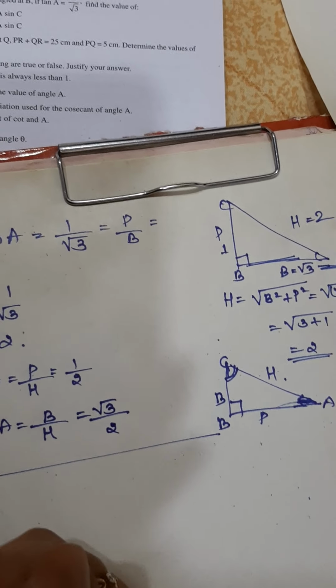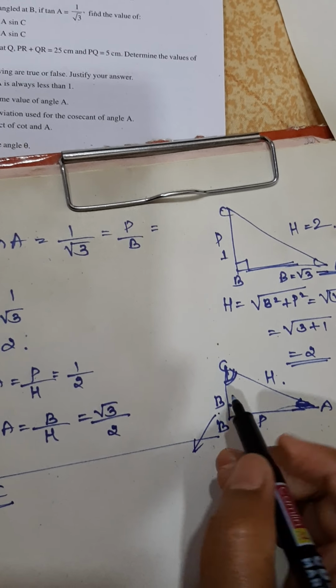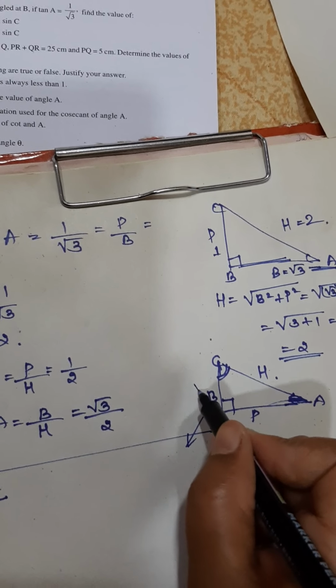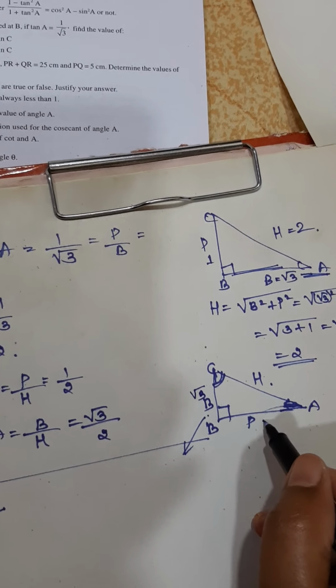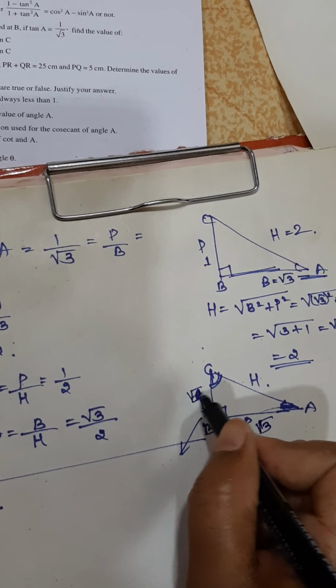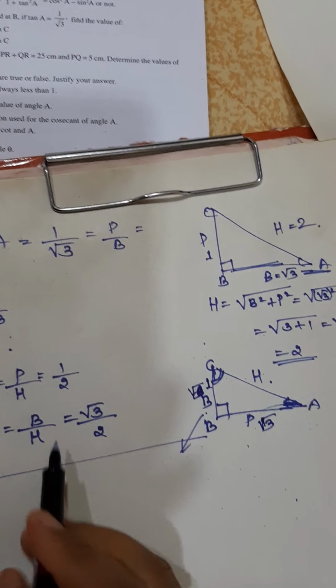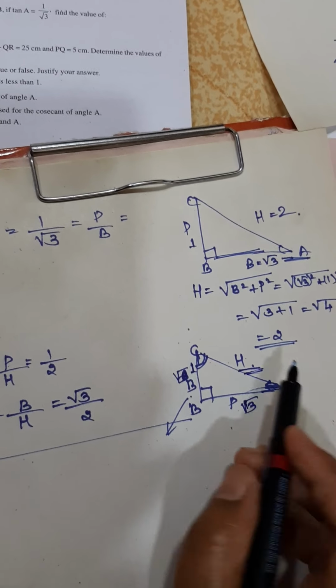Okay. Next let's see for this angle C. For this angle C, B is root 3 and P is, this thing is root 3 is there. So P is root 3 and B is 1. So here only P and B are interchanging, the hypotenuse will be same for both.